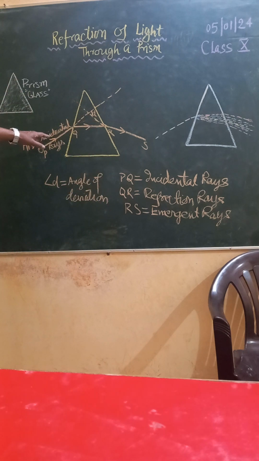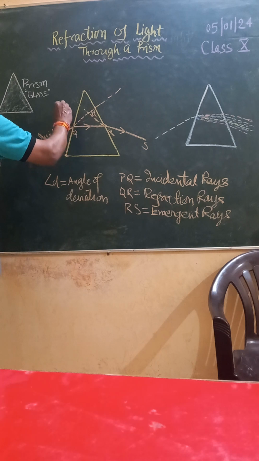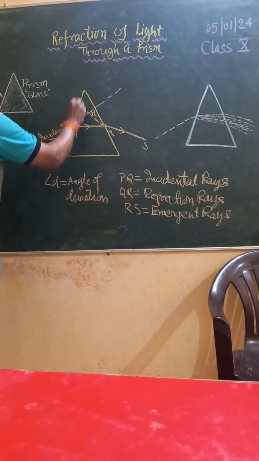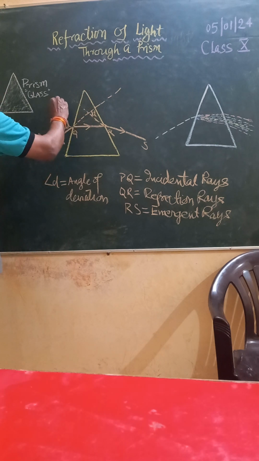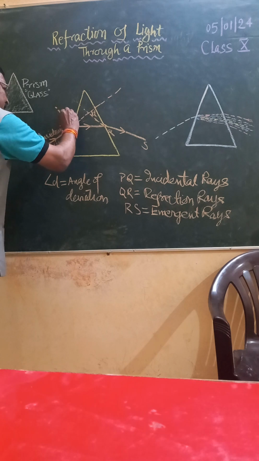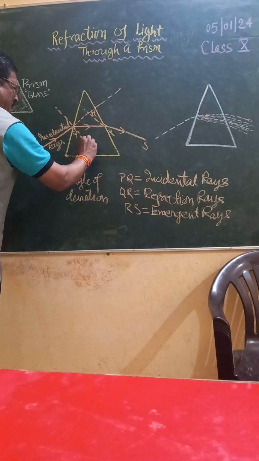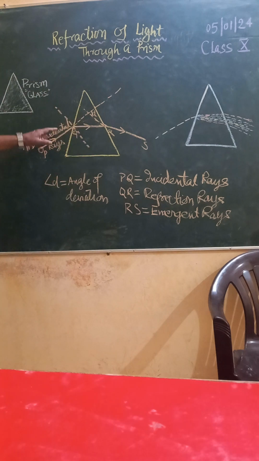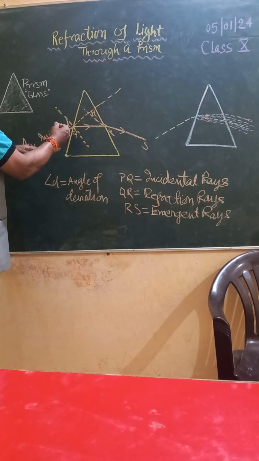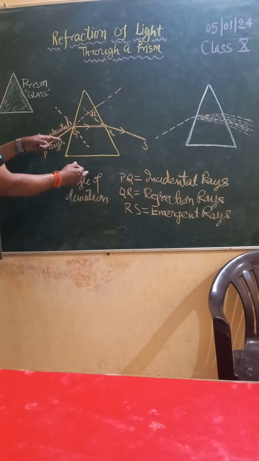Now look at this incident ray. If I draw another line over this where the rays are meeting on the point here like this, I am just dropping a line.